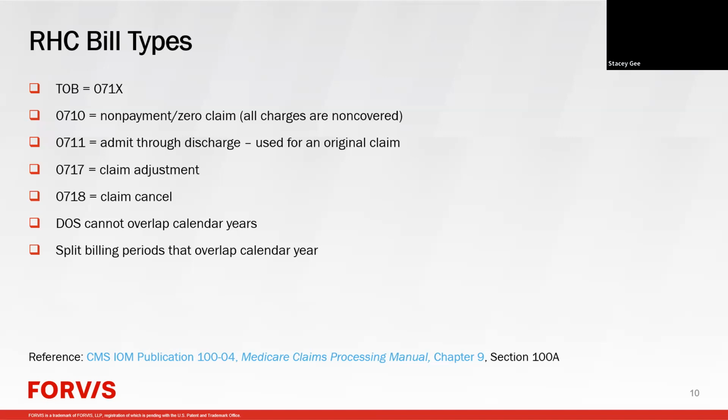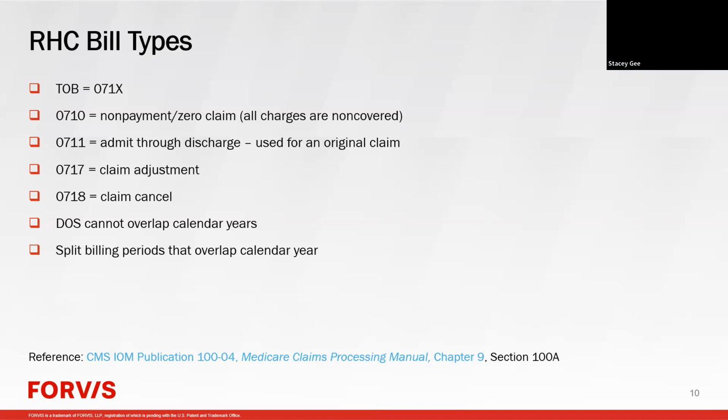Another note worth mentioning, and this is not just specific to the rural health clinic, this is across the board for anybody that bills Medicare: the dates of service cannot overlap calendar years. I found that out the hard way many years ago, trying to submit a claim from the end of September through, I don't know, mid-October, something like that.